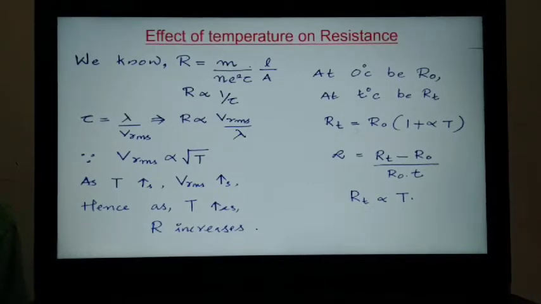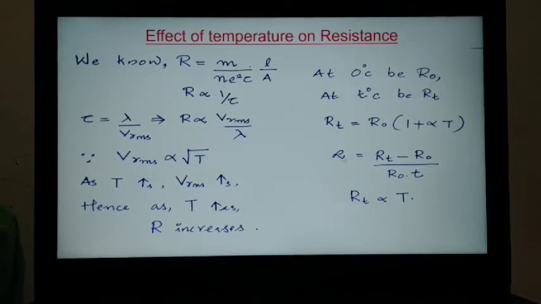Therefore, RT is given by the equation RT equals R0 into 1 plus alpha T, where R0 is the resistance at 0 degrees Celsius, and RT is the resistance at T degrees Celsius. Remember, that is small t.